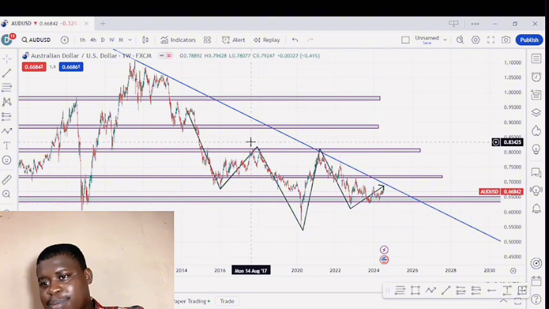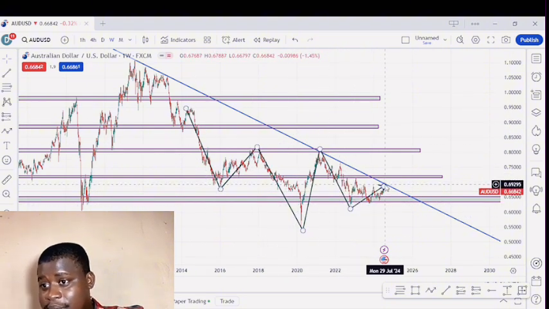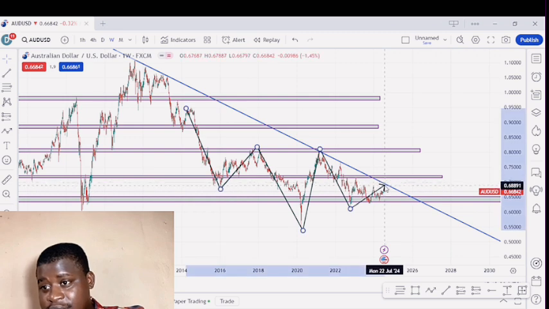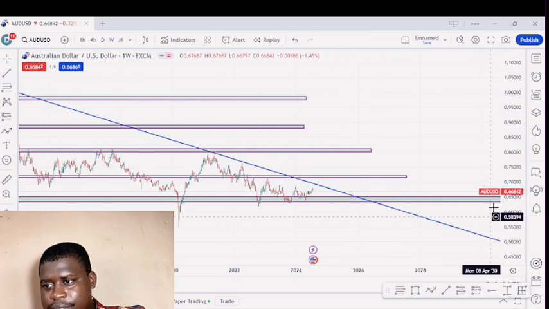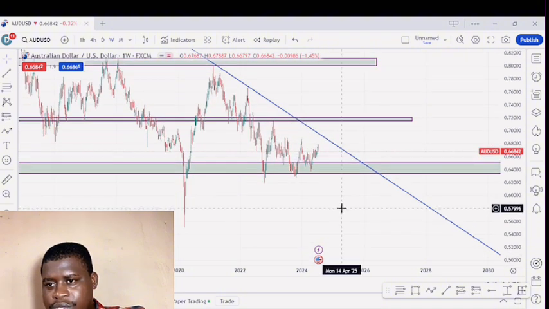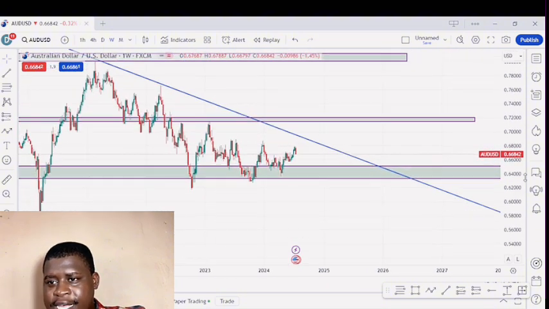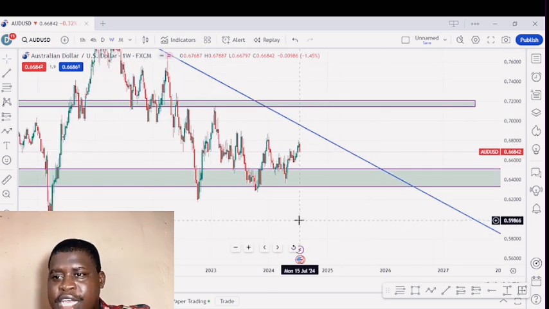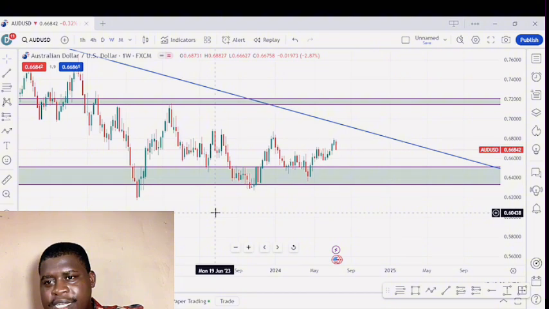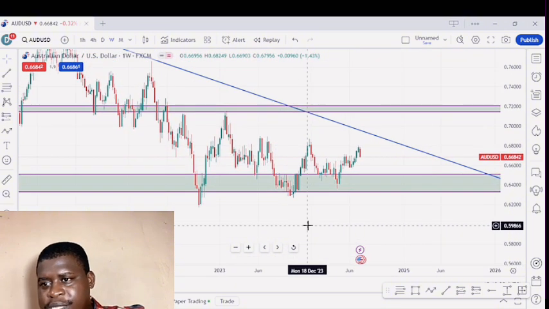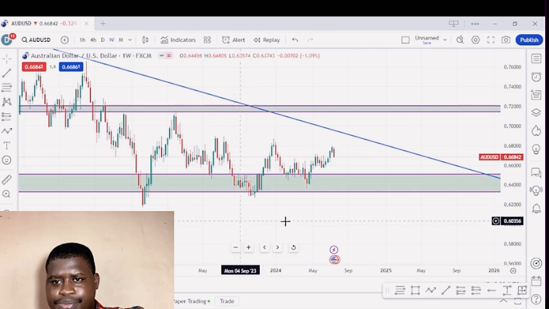I see a big inverse head and shoulders. If it will break out of this trend line, I don't know. It is the market that will decide what it wants to do, but we are going to find a trading opportunity no matter what this market is trying to do.